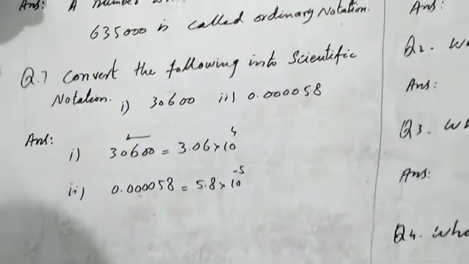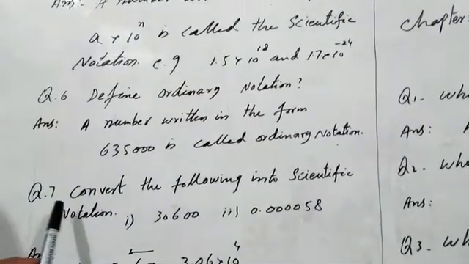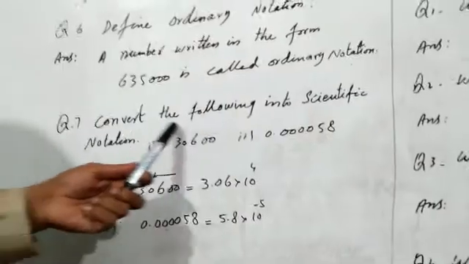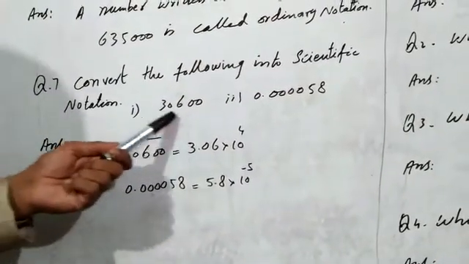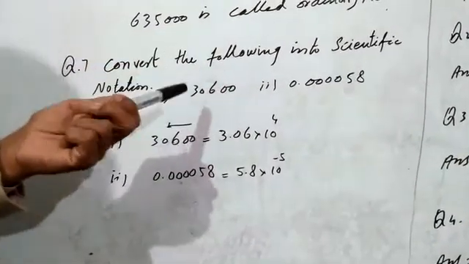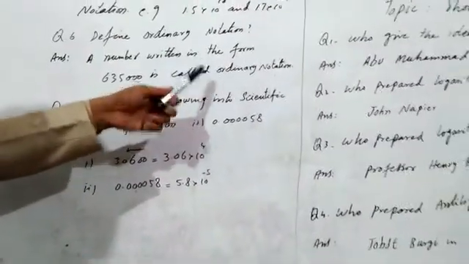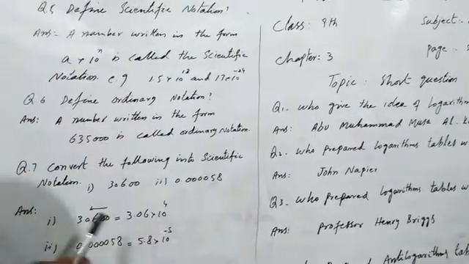as we know about scientific notation and ordinary notation, so we have to solve mathematically: convert the following into scientific notation. We have to change this ordinary notation into scientific notation. It means we can change scientific notation into ordinary notation or ordinary notation into scientific notation.